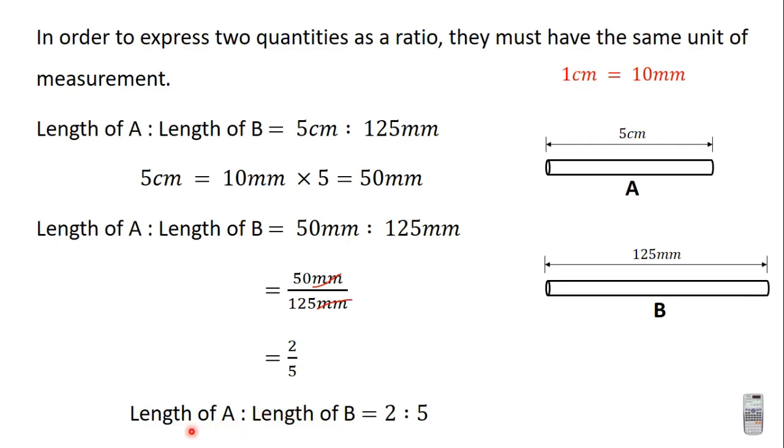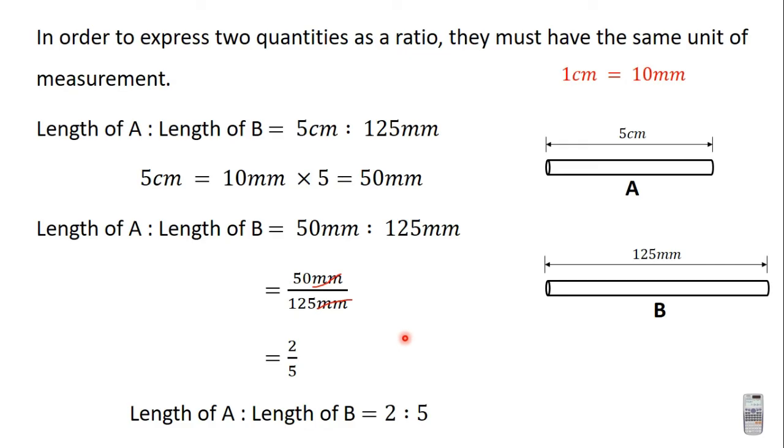So the ratio of the length of pipe A to the length of pipe B is equal to 2 is to 5. We can also see from here that because the quantities we are comparing in a ratio have the same unit, a ratio does not have a unit. So here the unit will cancel out, so our final answer will not have a unit.